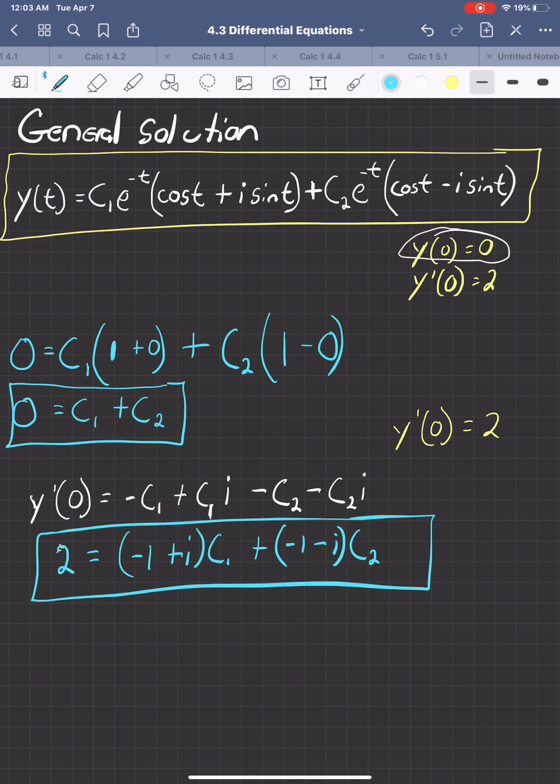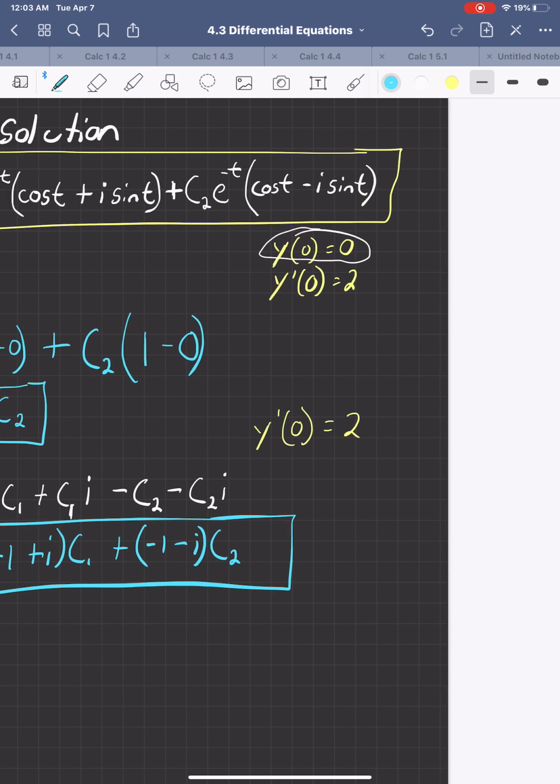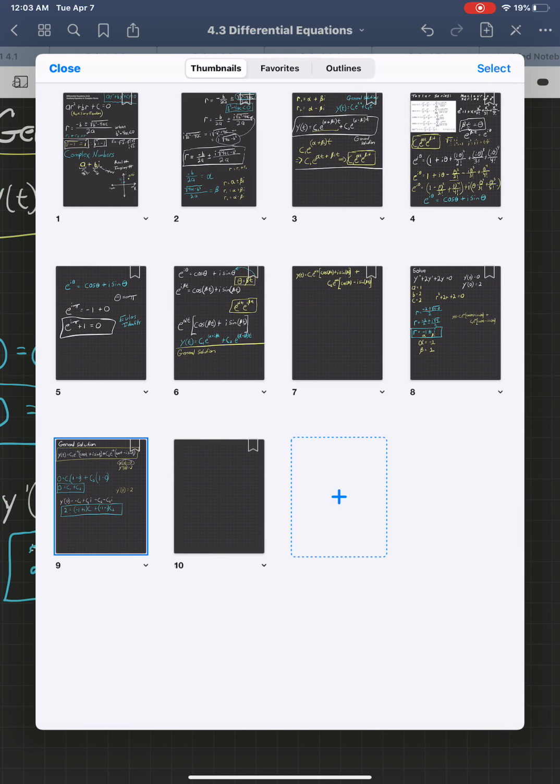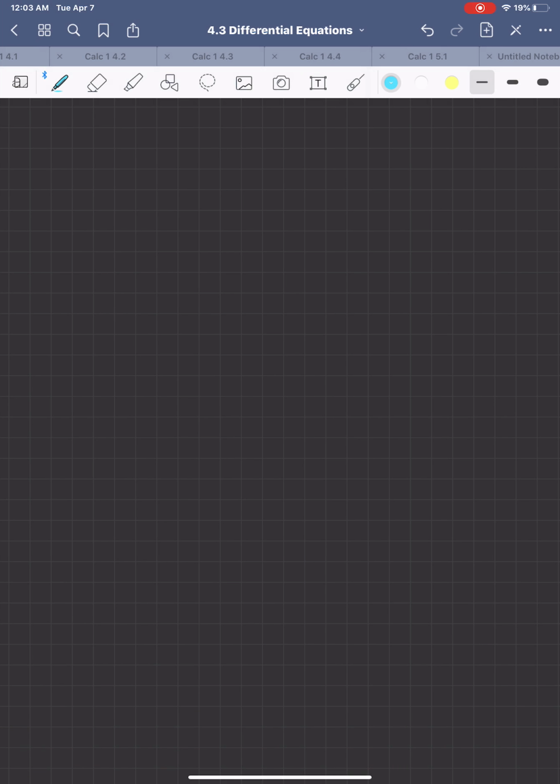All right. So at this stage, we have our system. And let's go ahead and solve our system to get to our answer. Almost done. So c sub 1 plus c sub 2 is equal to 0.